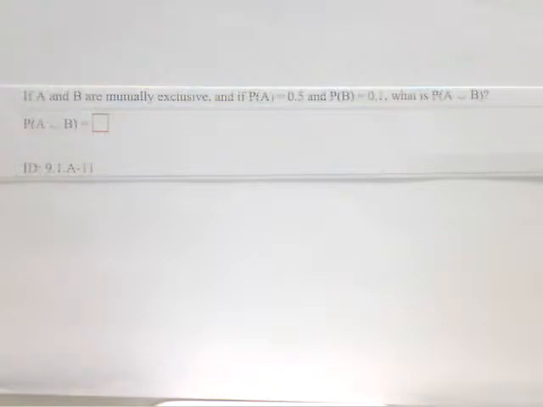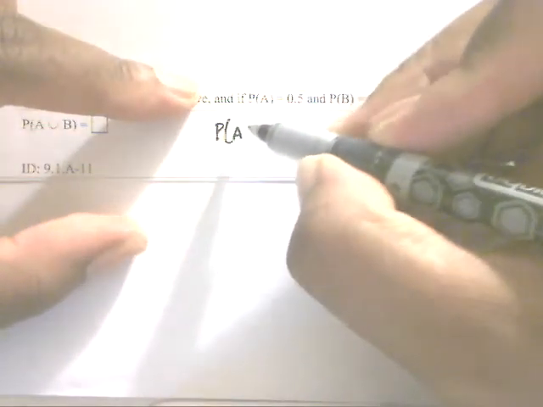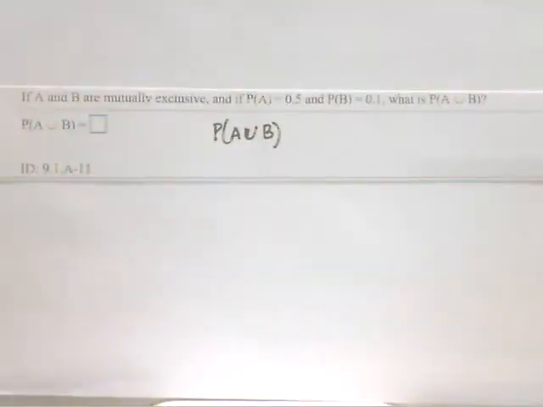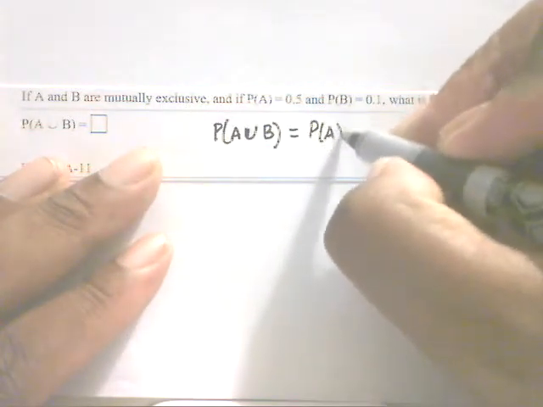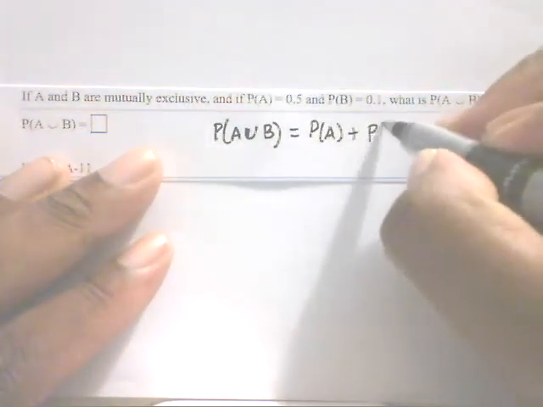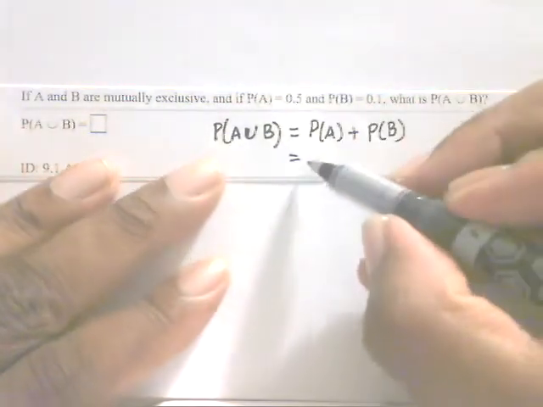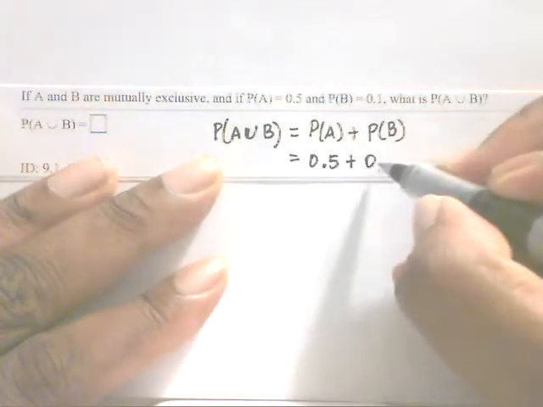If you recall what mutually exclusive is, it means that event A and event B have nothing in common. And there is a way that we can find the probability of the union of A and B, which is the same as saying the probability of A or B, which is simply the sum of the probability of event A and the probability of event B. So the probability of event A was 0.5, and the probability of event B was 0.1.